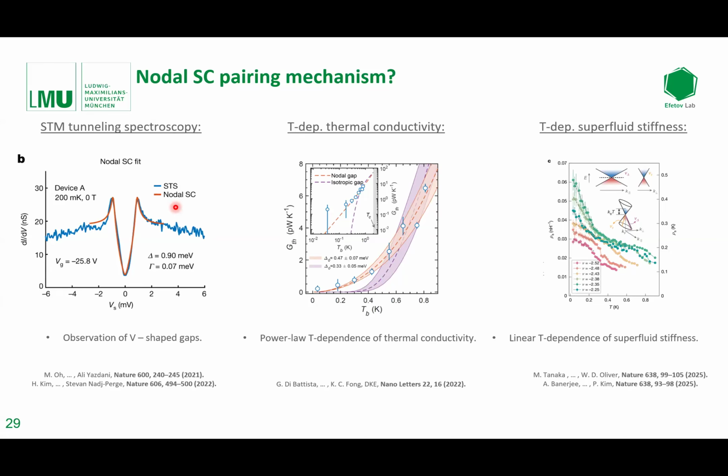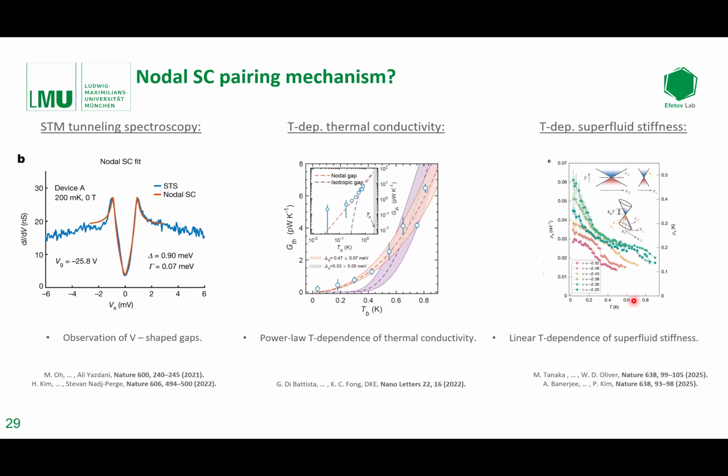Okay, so the other really big indication that led to the conclusion that nodal superconductivity is a real option here comes from last year's studies by the Philip Kim group and the Will Oliver group, which looked at superfluid stiffness measurements as a function of temperature.